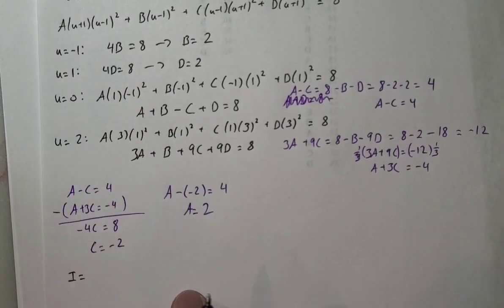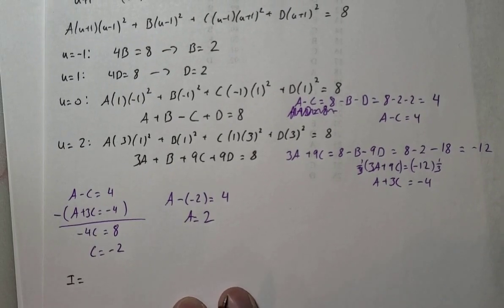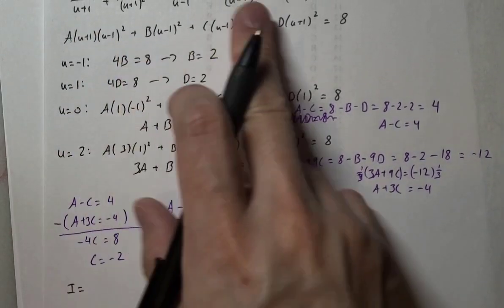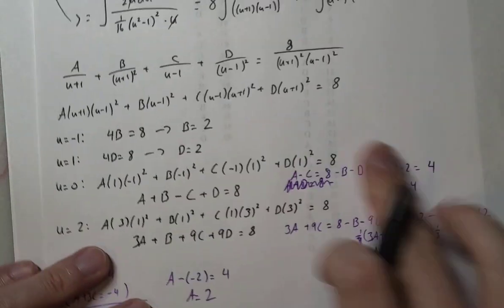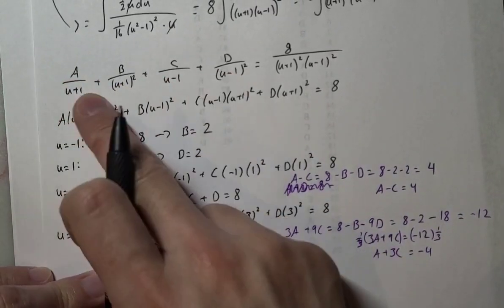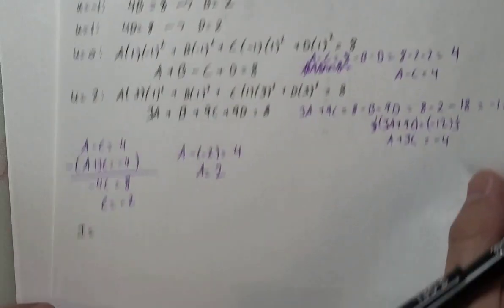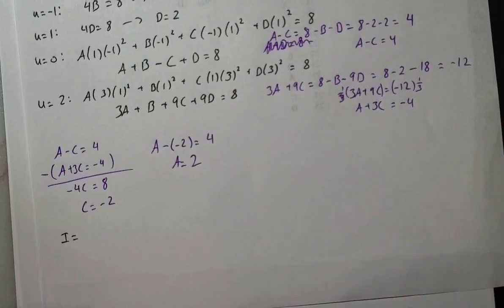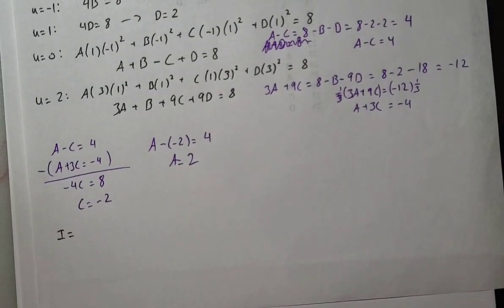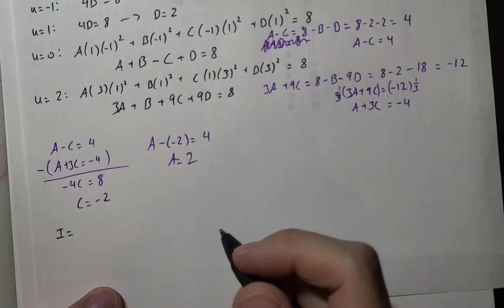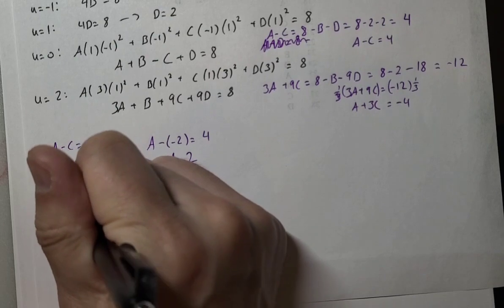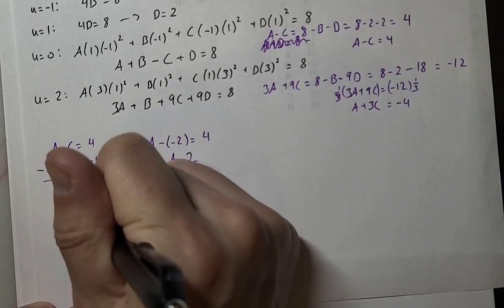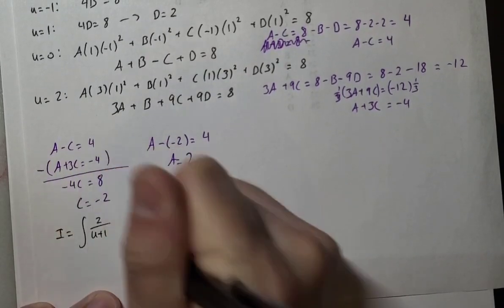Okay, so we can finally write our integral I as our partial fraction. Actually, we're going to basically plug in our A, B, C, D that we found into here. So we would get the integral. A was 2, so 2 over u plus 1.